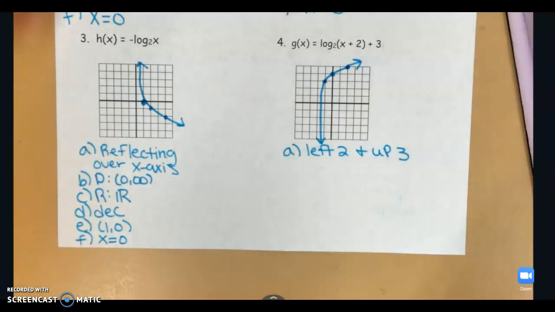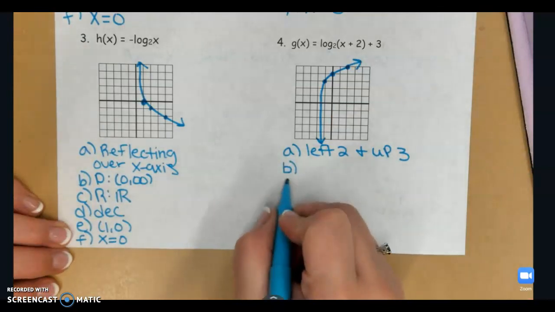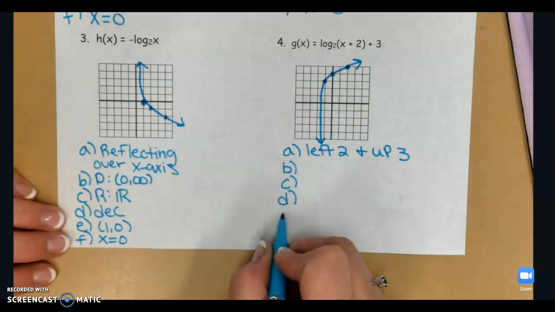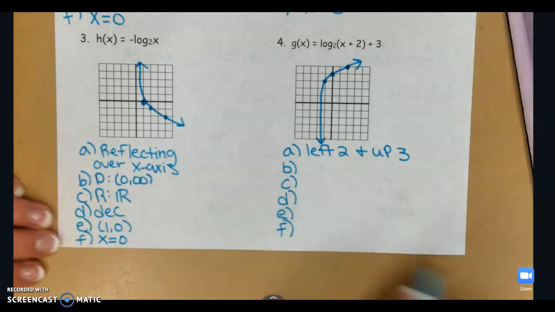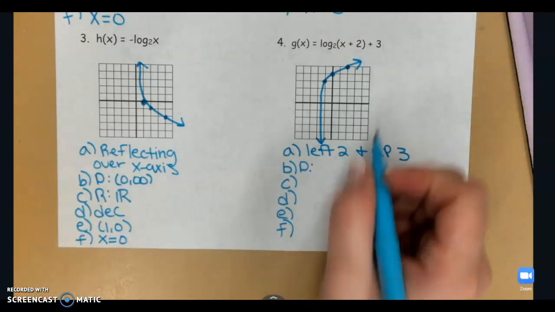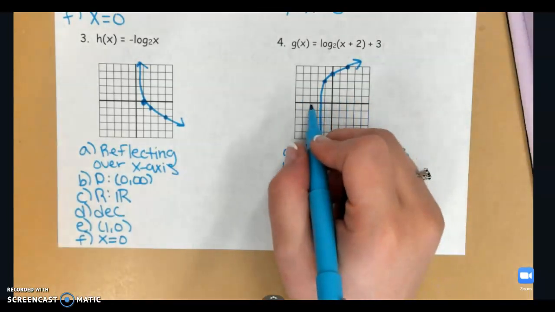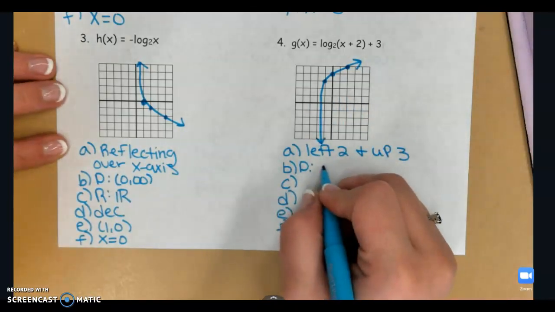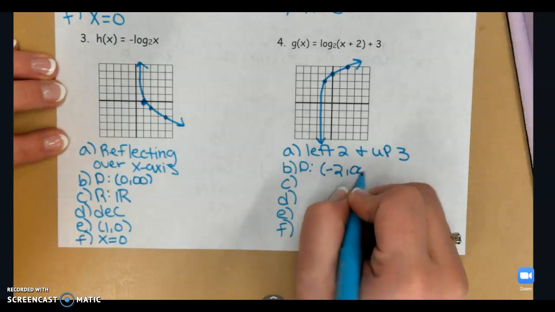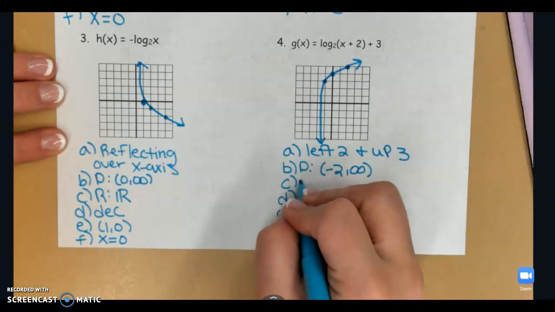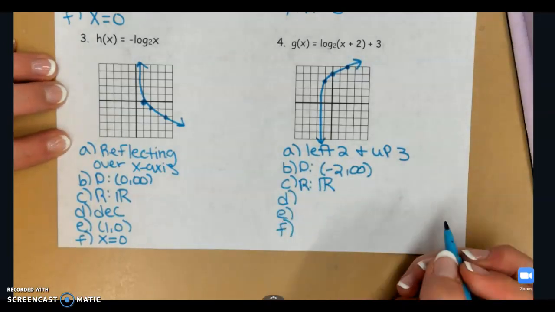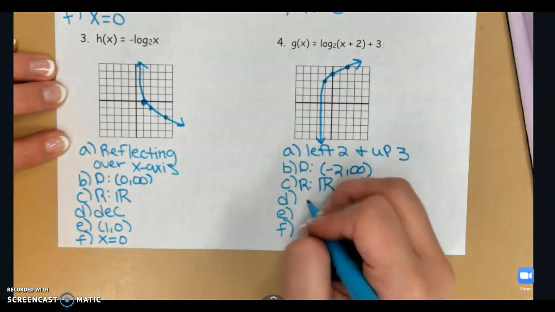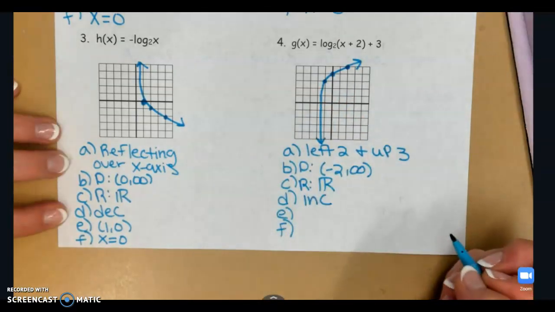The shape of it did not change. And let's talk about what is the same and what is different. My domain, my x values. I have now shifted 2 units to the left, which means my x values have shifted 2 units to the left. So my domain is now from -2 to positive infinity. My range is still all real numbers. My function is increasing still.